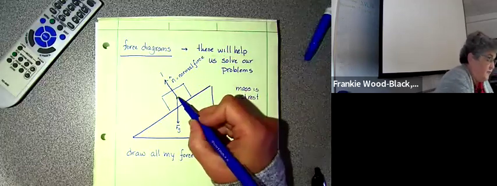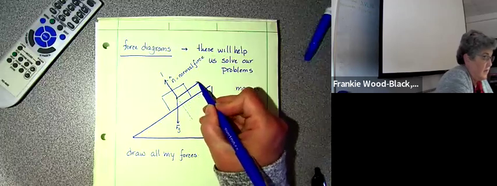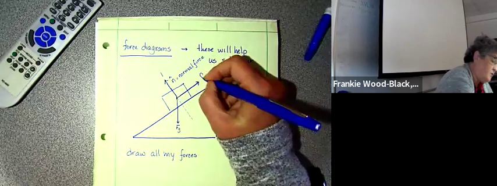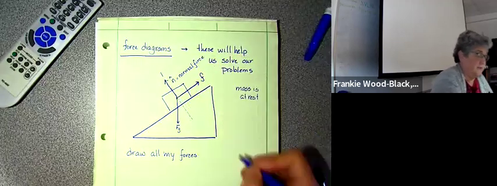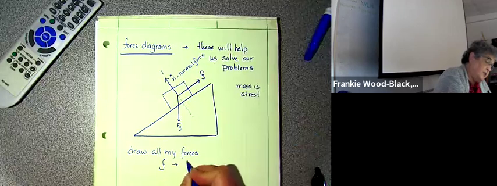I have a force due to friction, and we generally are going to write our forces due to friction as a script F. So my script F is my force due to friction.